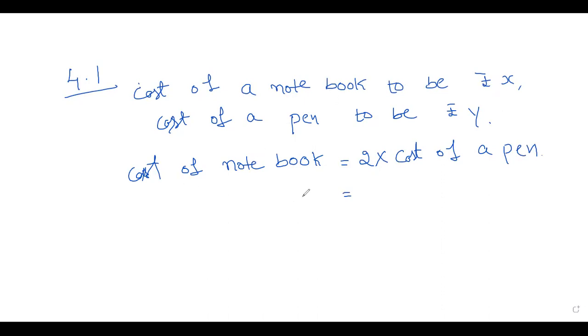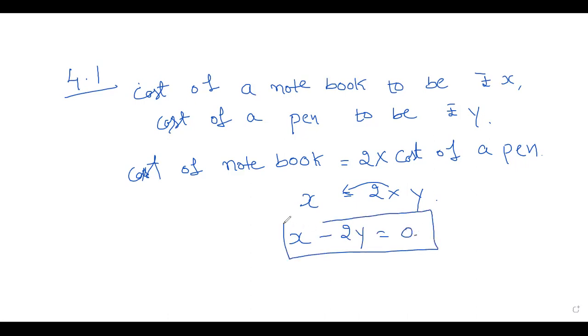Here we have taken it as X. 2 into cost of pen, taken as Y. So how can you write this? 2 into Y is 2Y. Okay, shift this to left hand side. It will become X minus 2Y, that is equal to 0. This is your linear equation in 2 variables.